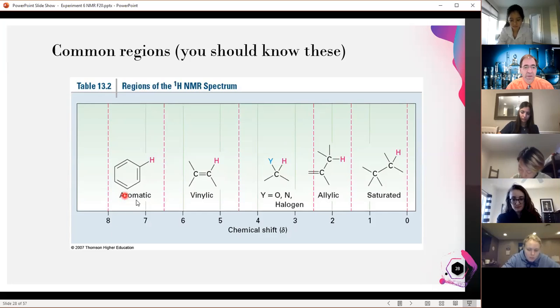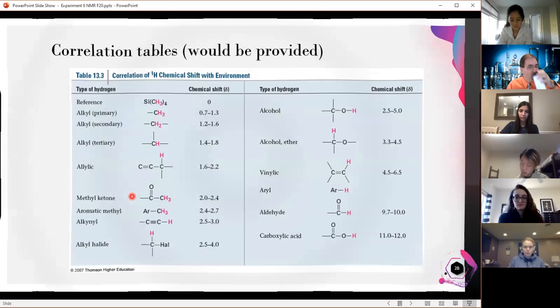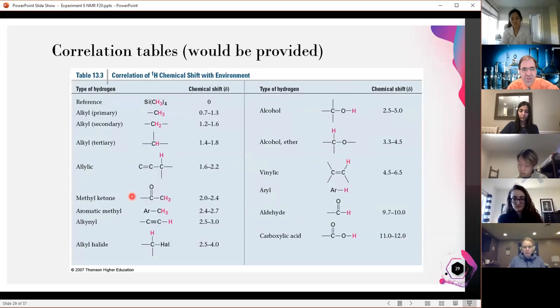This one here is really useful for us, right? How many compounds you see in class are aromatic? There's a whole bunch. It's really common. And so that's going to be a pattern that's going to help us identify things in the NMR. Then this correlation table, which is a little more detailed, would be provided for you. So this gives you a little more idea of some specific things and where they are.